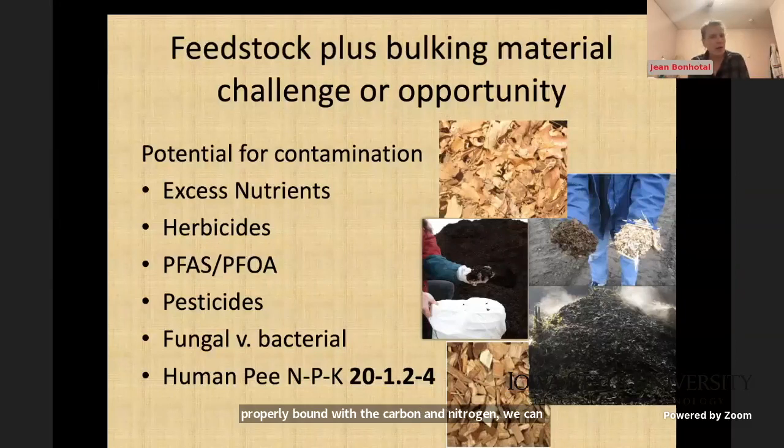Herbicides can be a problem. PFAS and PFOAs. So these are what we call the forever chemicals that you're probably hearing a little bit about. And these forever chemicals are pervasive in the environment. And they come from packaging waste. They come from firefighting foams. They are from dental floss that you use.